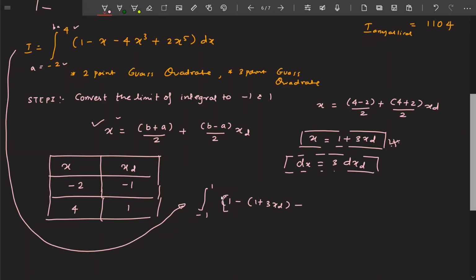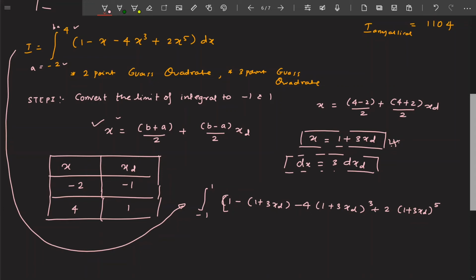Okay, minus 4 into (1 plus 3 xt) cubed, plus 2 raised to 5.